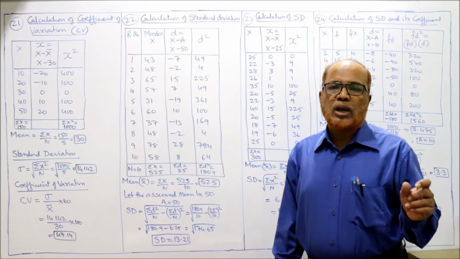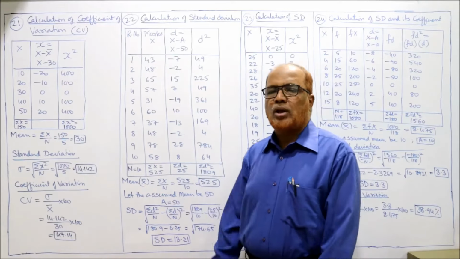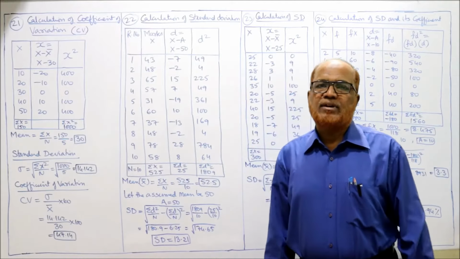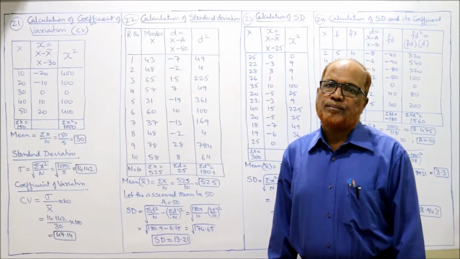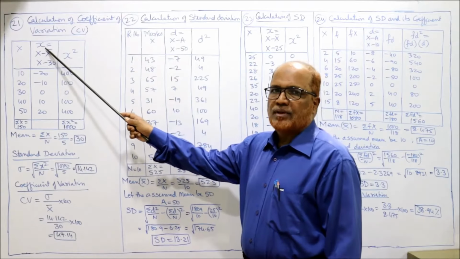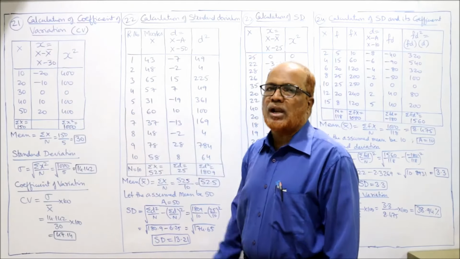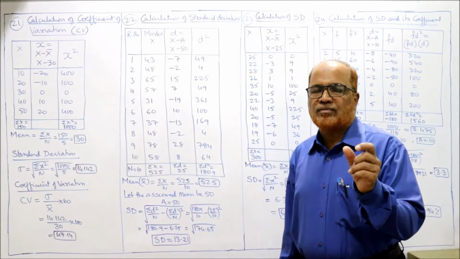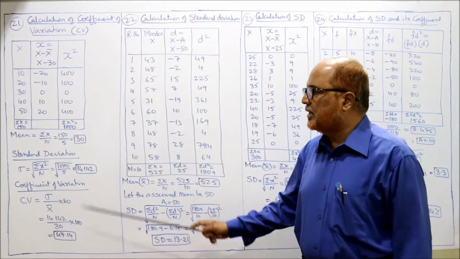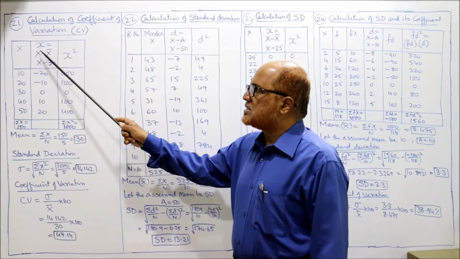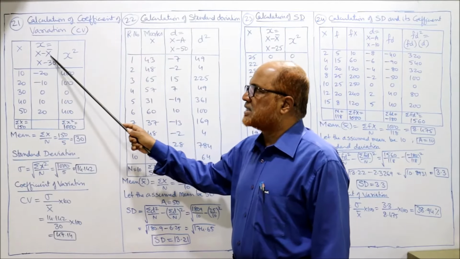So we are getting a whole number. The actual mean is a whole number, so we can take the deviations from the actual mean. We'll use the symbol small x, denoting that we have taken the deviations from the actual mean. Small x is equal to capital X minus x bar.